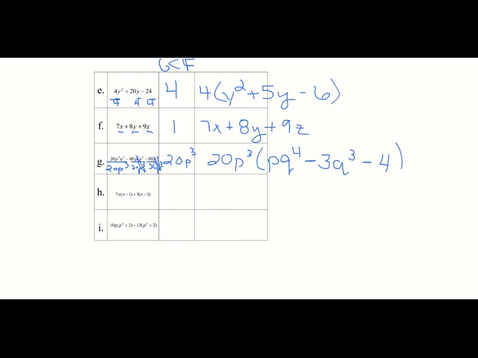Now, with H and I, these look a little different, but they're going to get us used to what we're going to do in our next section, in the next video. And here, remember, factors are held together by multiplication. Terms are held together. Factors are what you multiply.